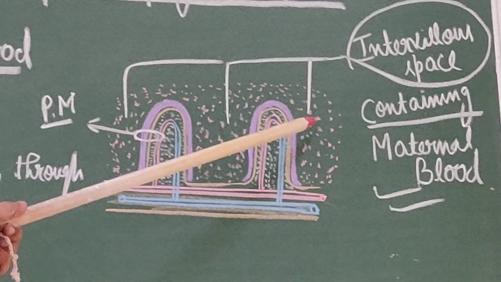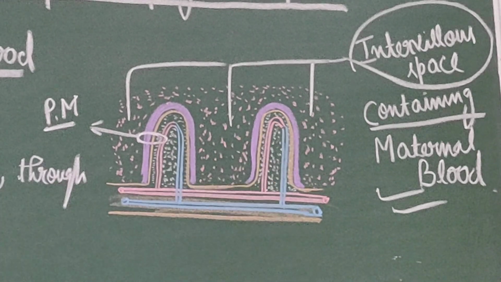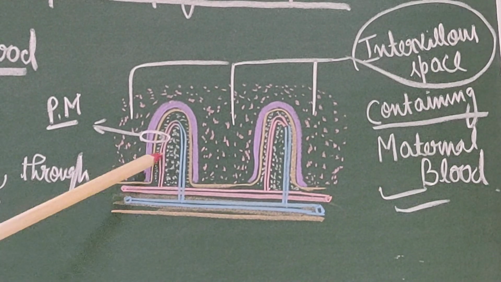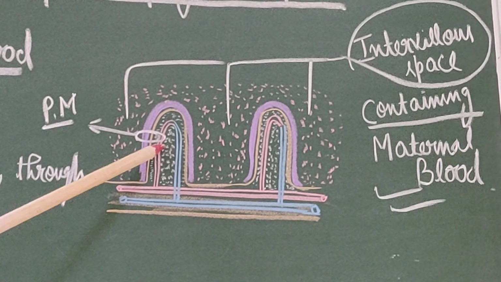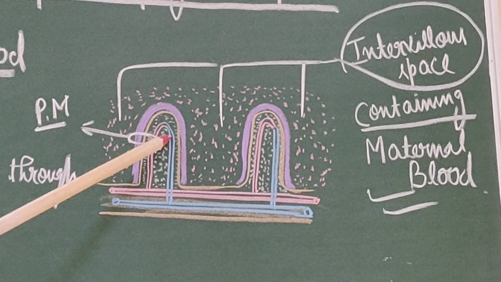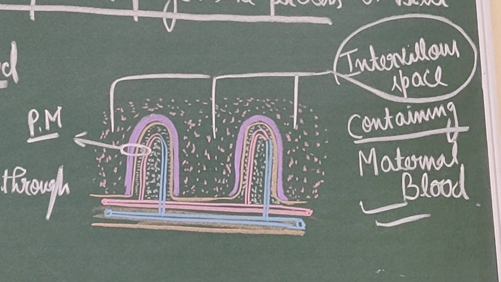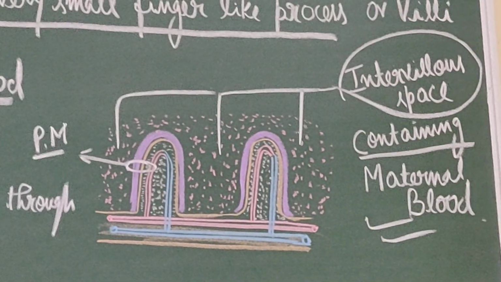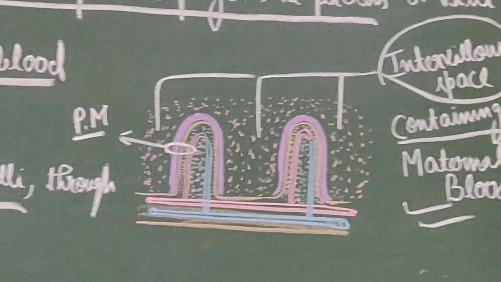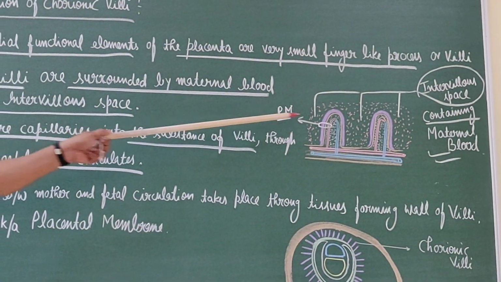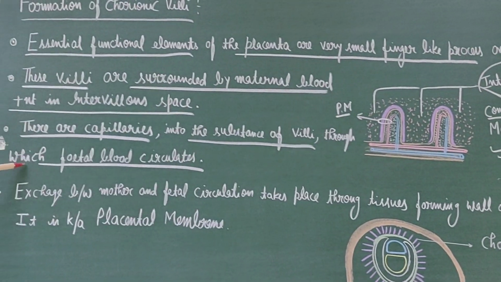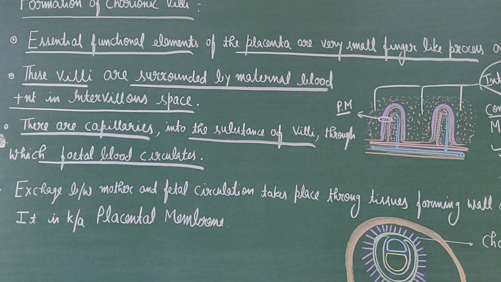Means maternal blood is present outside the villi, while the fetal blood is present in the capillaries inside the villi. So that is the point. They are the capillaries in the substance of the villi through which fetal blood circulates.